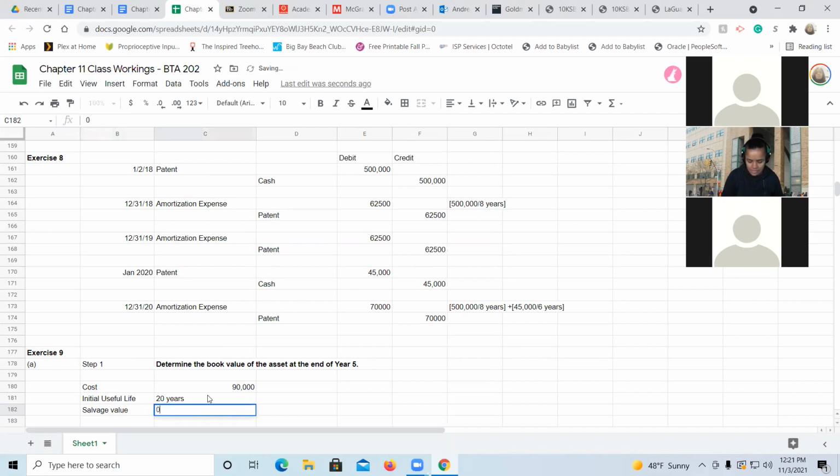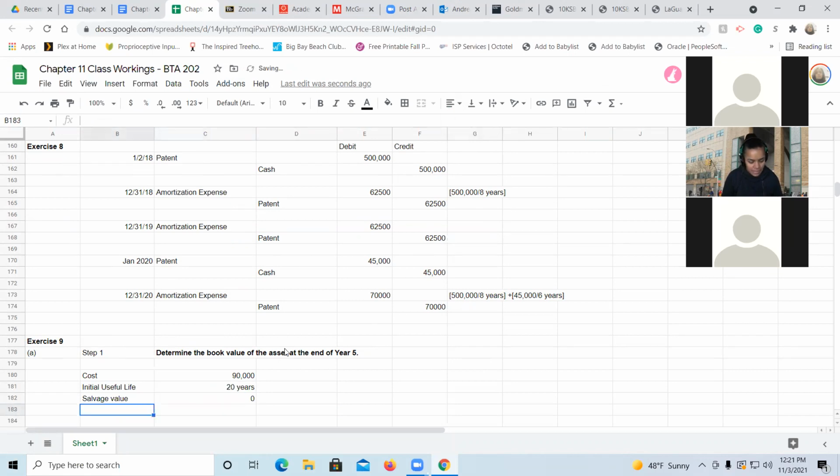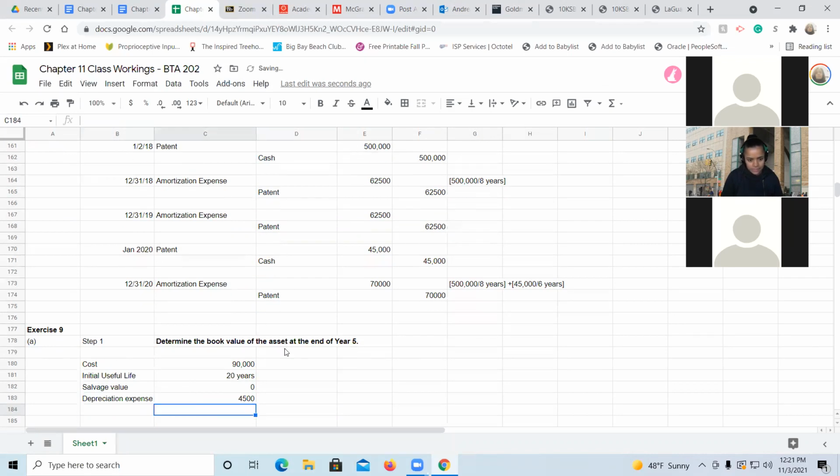I'm just going to put it as 0 so that if we have other examples where there is a salvage value, you will remember to put something in there. So then what was the depreciation expense, right, per year? Very simple. You're just going to say 90,000 divided by 20 years, 4,500 per year. This is 90,000 over 20 years, just in case anyone's wondering where that came from. So that's 4,500 per year.